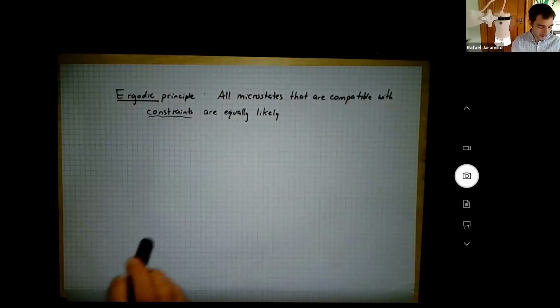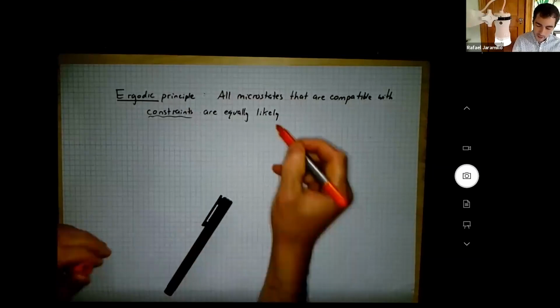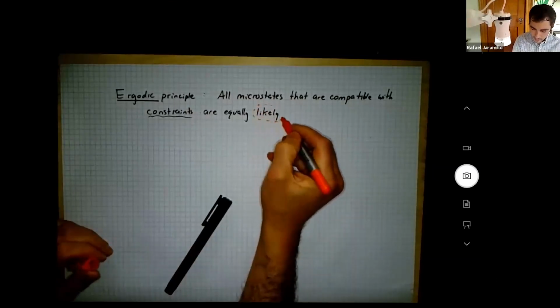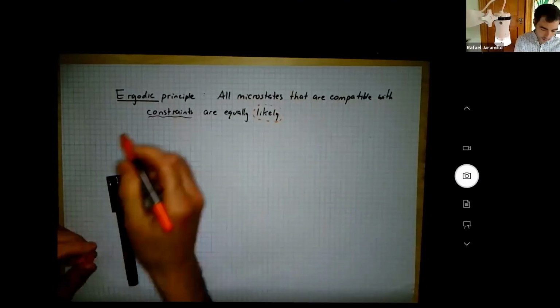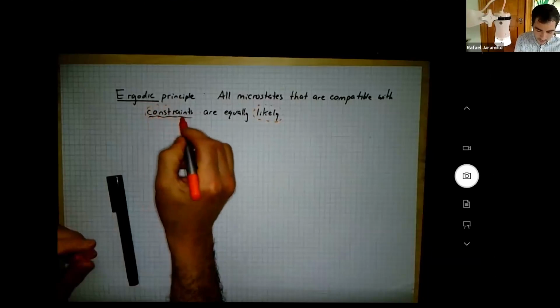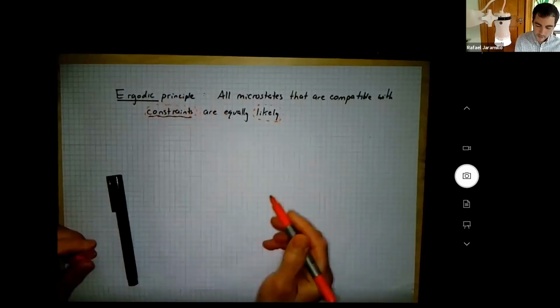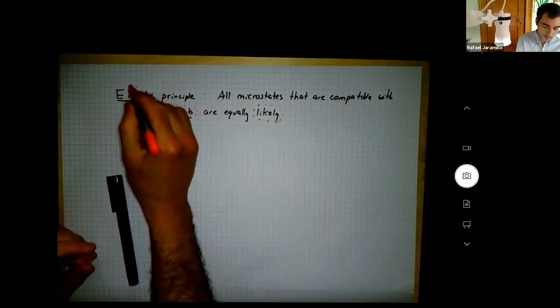That's the ergodic principle. So we have a word here which is, again, from another discipline. We have the concept of constraints, which we're familiar with, but here it is again. And we have this funny new word.